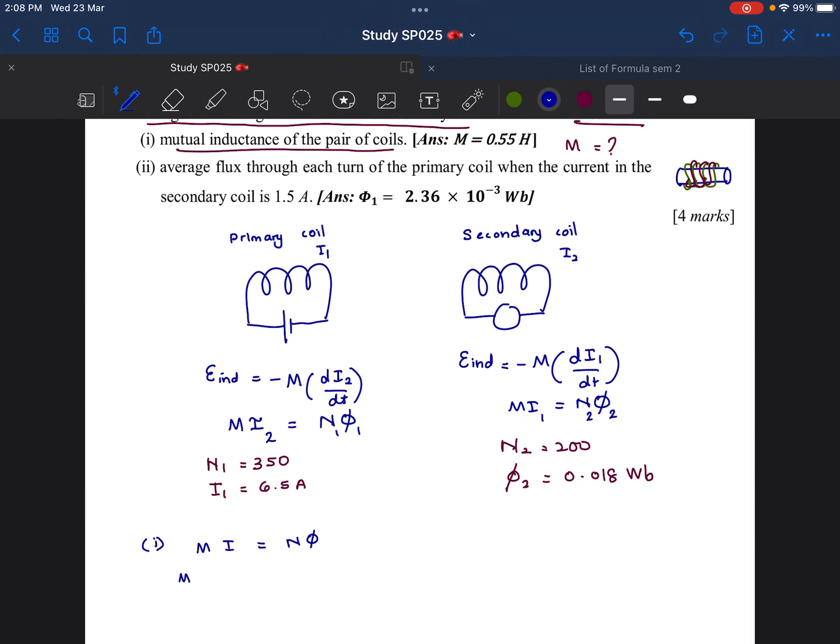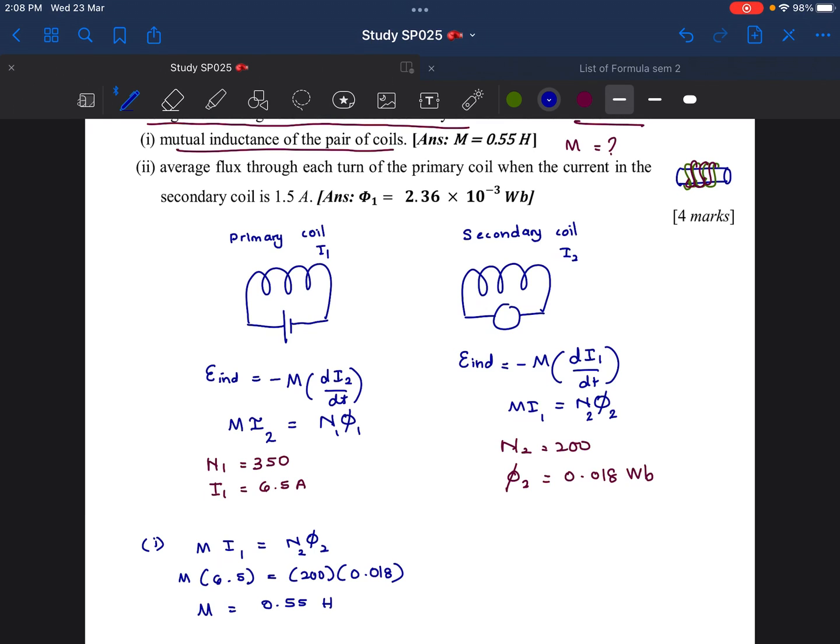So M kita nak cari, I1 is 6.5, N2 is 200, and then magnetic flux 2 is 0.018 Weber. So I think you will get your M to be 0.55 Henry. So unit untuk inductance, tak kisahlah self or mutual inductance, will be H, Henry.